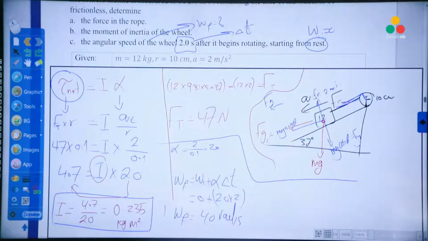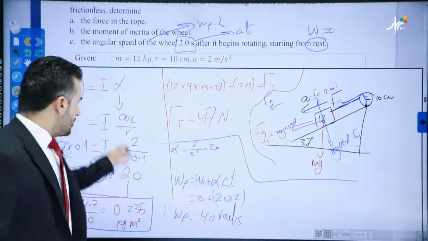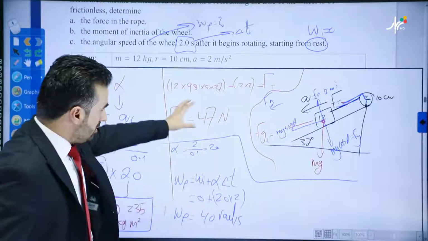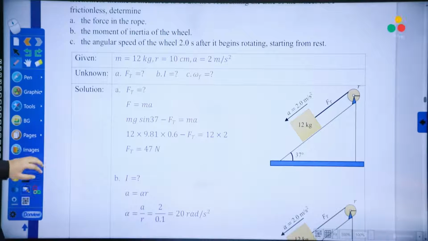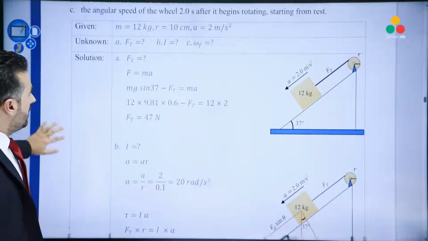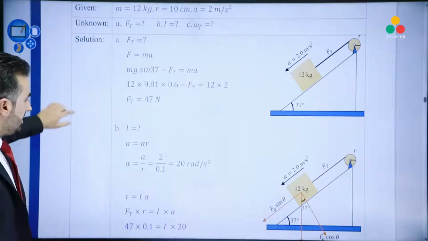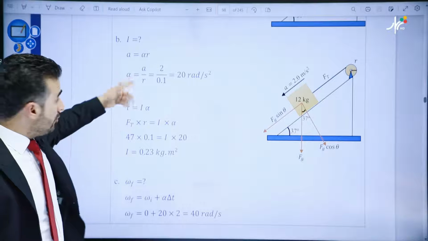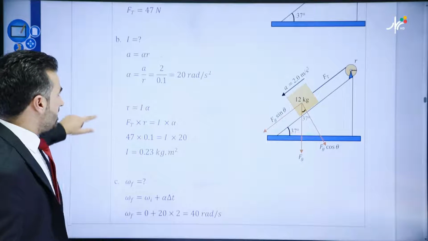All right, so I hope the idea is clear. If you were following from the beginning, of course you would know where I have started. Otherwise, if you just started looking at this, of course it looks a little bit messy. And I hope you started earlier. So as you can see here are the answers, very well organized. We said by rounding that would be 47. We found the angular acceleration, that was 20 radian per second squared.